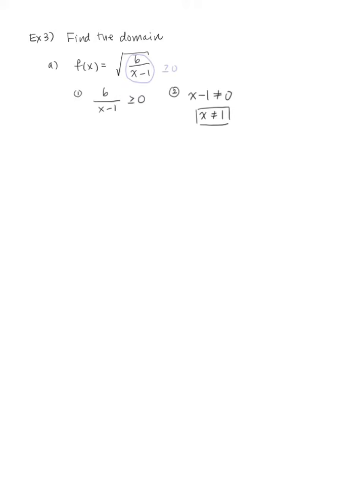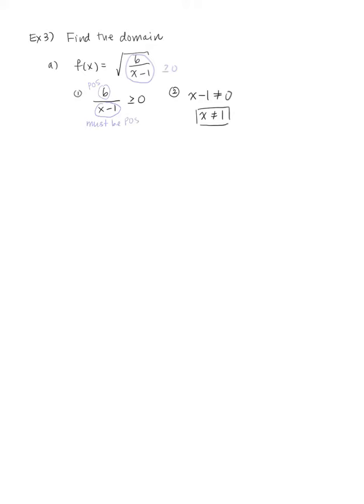There are a couple ways that you can think of it, but notice that in order for the fraction to be positive, either the top is positive and the bottom is positive, because positive over positive is positive, or the top and the bottom both must be negative, because negative over negative is positive. But the thing is, this guy is a positive number. So in order for the fraction to be positive, do you see that the bottom also must be positive?